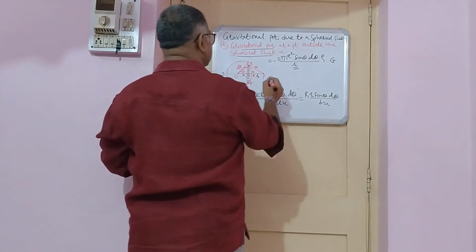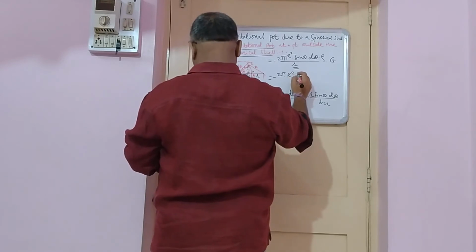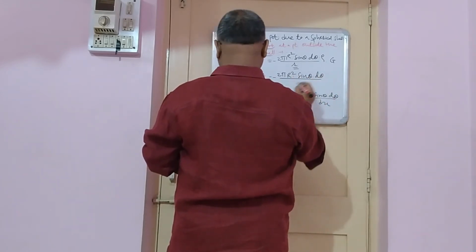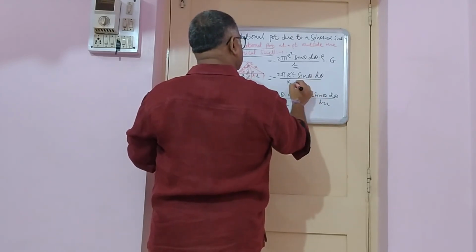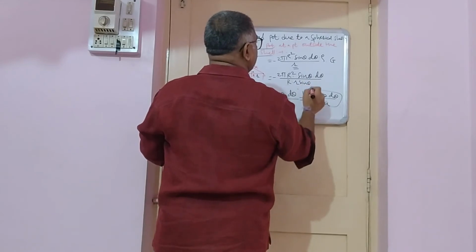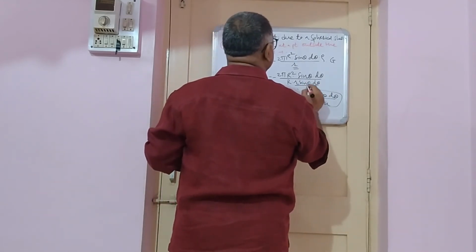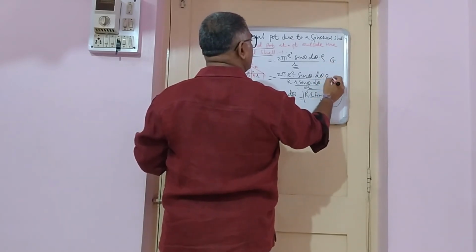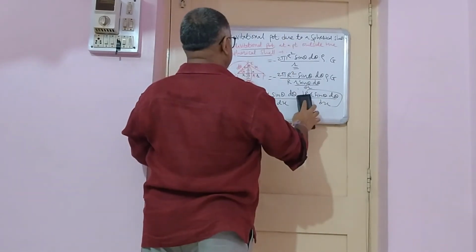Here we will get minus of 2 pi r square into sine of theta into d theta divided by capital letter R into R sine of theta into d theta by dr, and here the multiplying factor rho into g as it is. See what we are going to do.